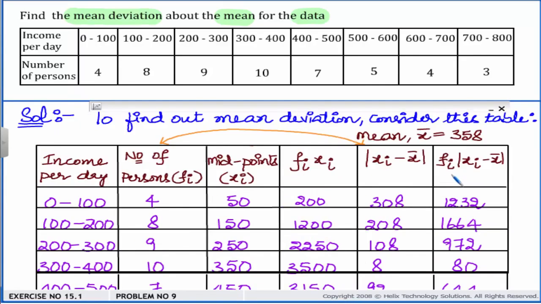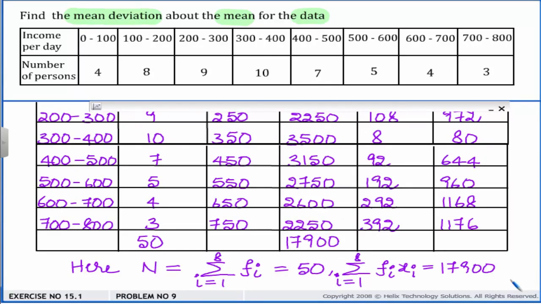So we have obtained the values of Fi into modulus of xi minus x bar. Now the summation of Fi into modulus of xi minus x bar is 7896.